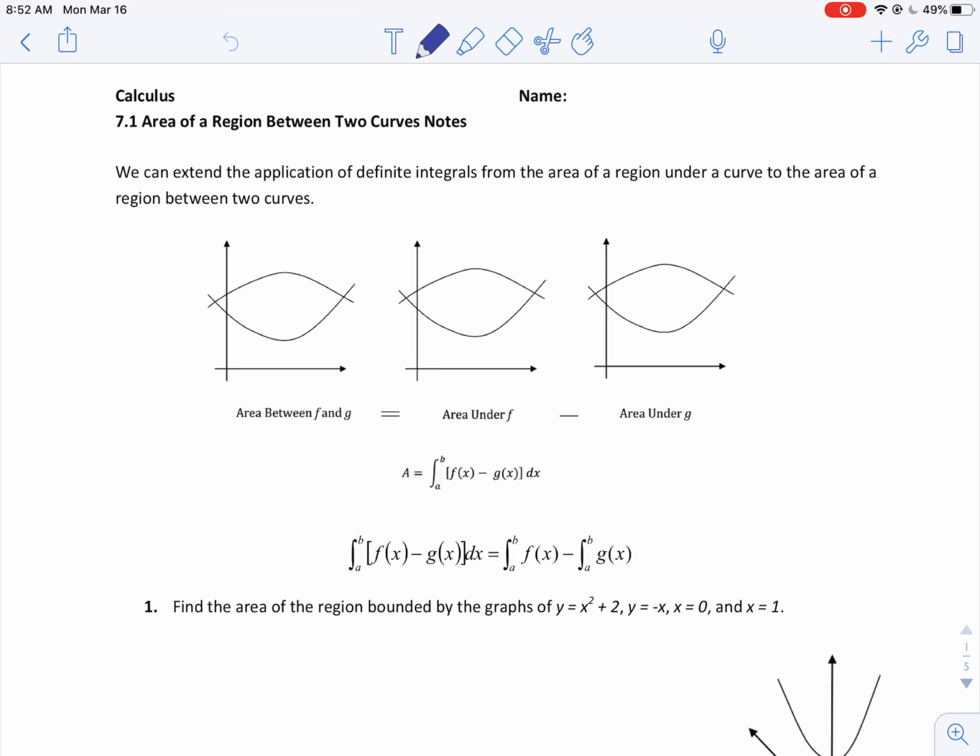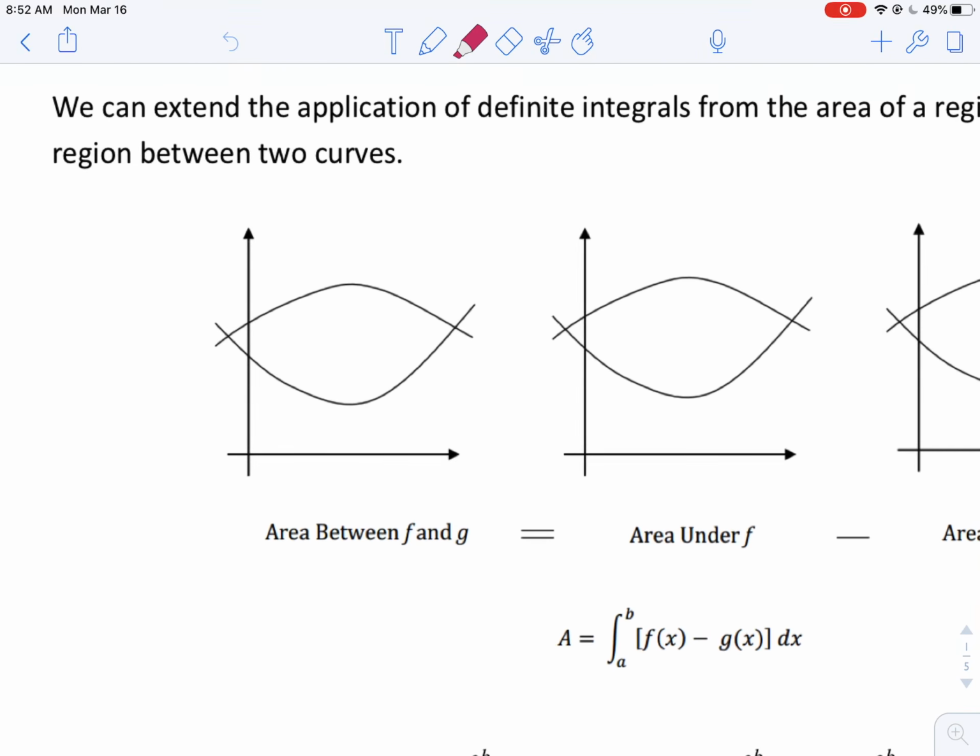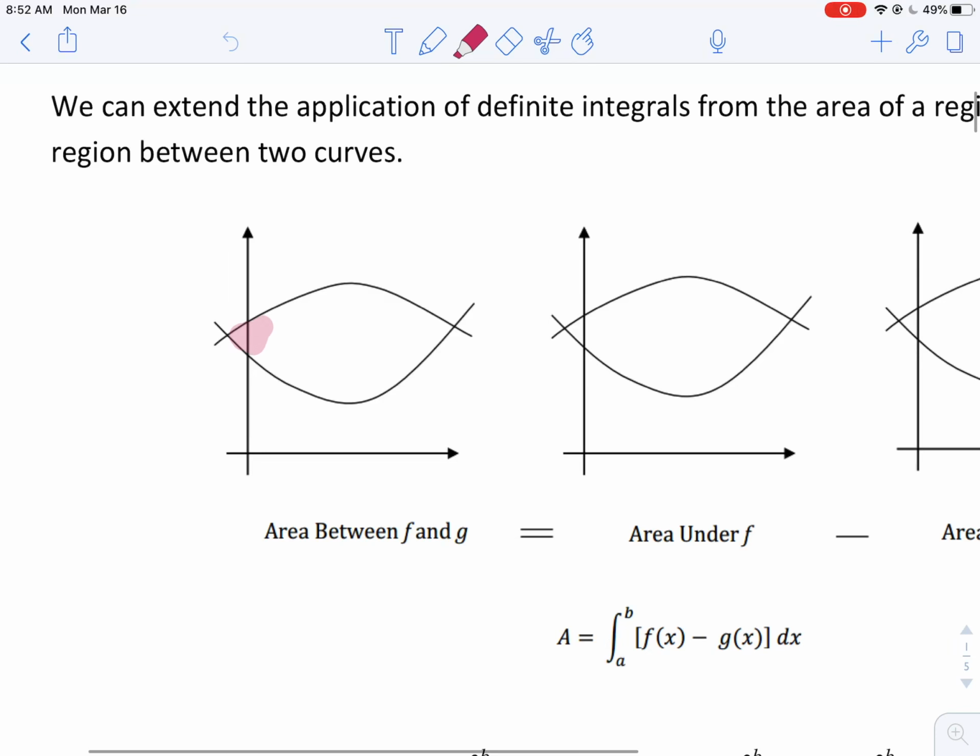What we're going to look at today is the area, not underneath the curve, but the area in between two curves. So what we're talking about is basically the area of this shaded region here.